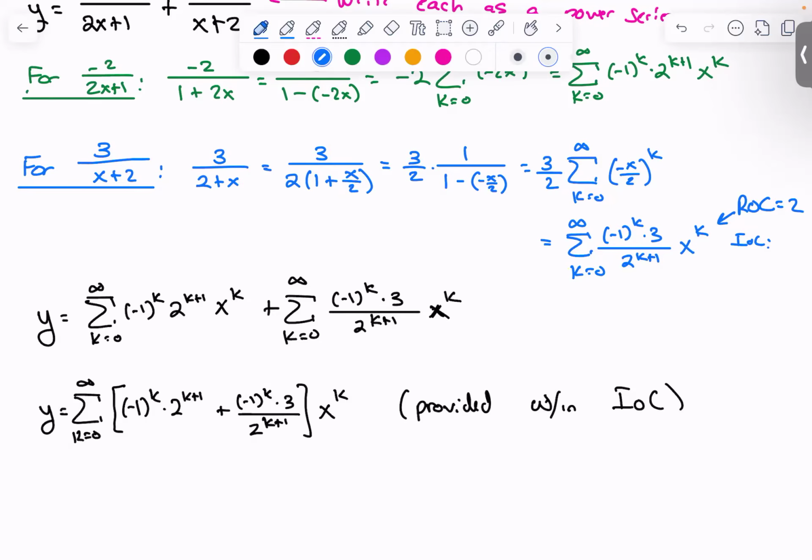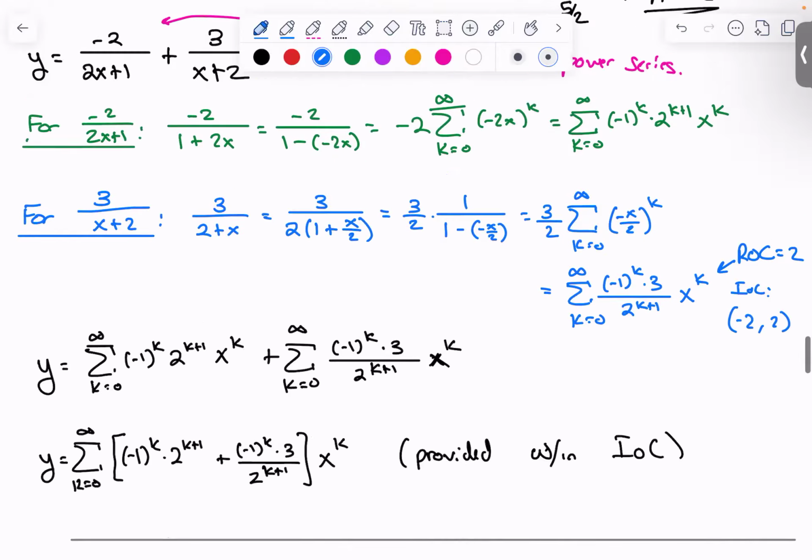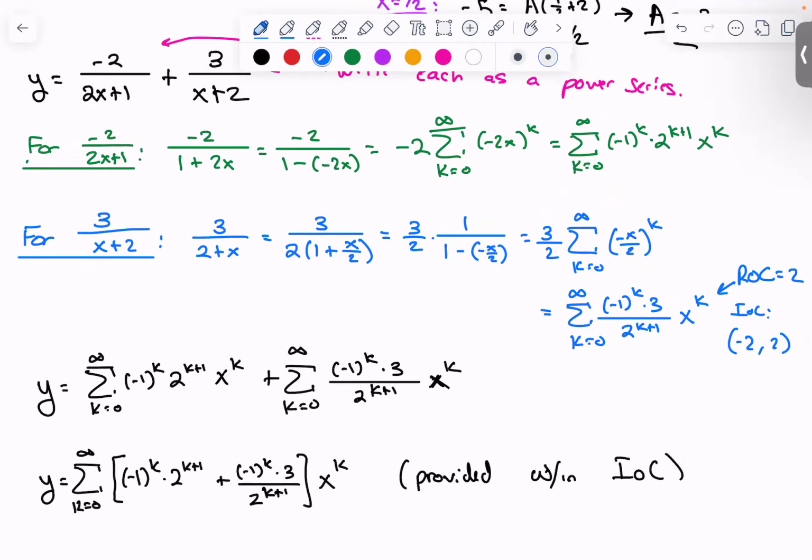If I plug in 2, it diverges. So the interval of convergence is -2 to 2. And the green one, you can do the same thing. You can do the root test or the ratio test. It doesn't matter. And you'll find out that this one has a radius of convergence equal to 1/2 and an IOC of -1/2 to +1/2.